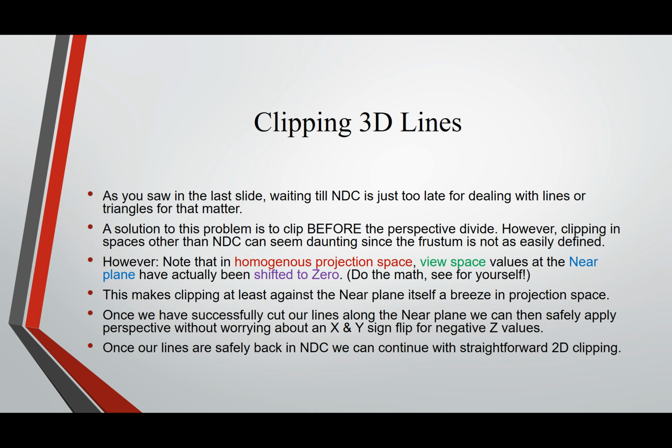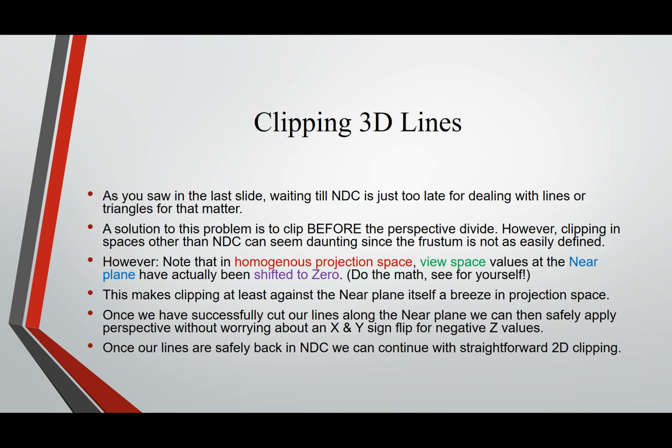We don't have to worry about triangles or lines that are completely in front of the near plane or completely behind the near plane, because if they're all in front, they'll just work as normal, or if they're completely behind, we'll just throw them away because we're not going to draw them anyway. But it's the ones that are in the middle, that are across that zero plane, those are the ones we have to worry about.